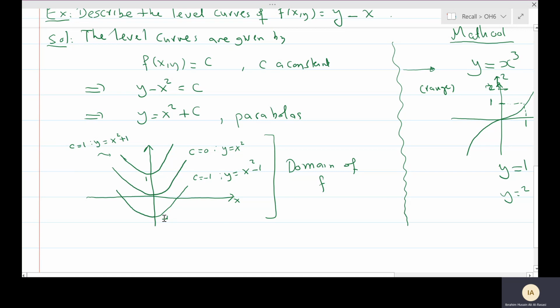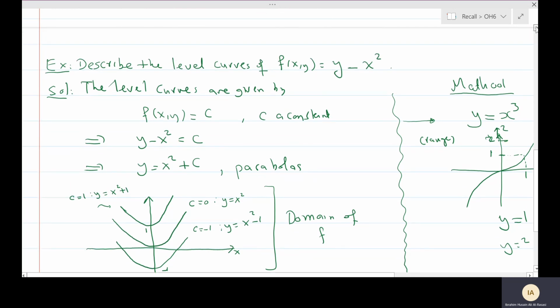And the function will take any point on the third parabola, y equals x squared minus 1, to the basement or underground floor, C equals minus 1. So each curve will go to a level, to a floor: first floor, second floor, and so on. So this is roughly speaking what a level curve is.